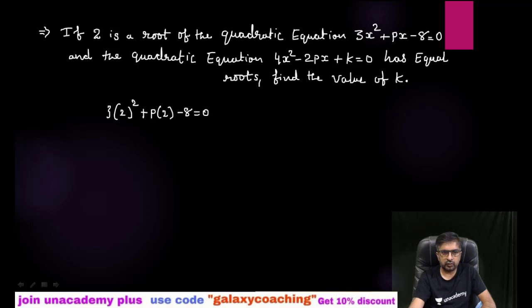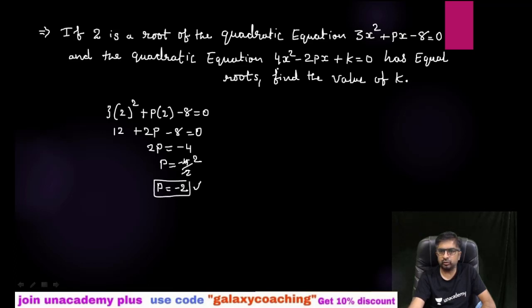So 2 square is 4, 3 fours are 12, plus 2p minus 8 equals to 0. 12 minus 8 is 4. Take that 4 on that side, so 2p will be minus 4. So p will be minus 4 by 2, minus 2, negative 2.